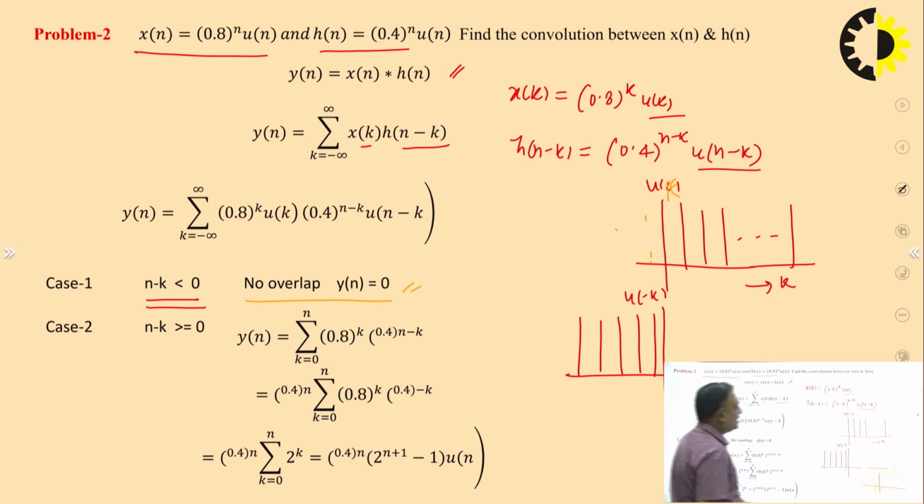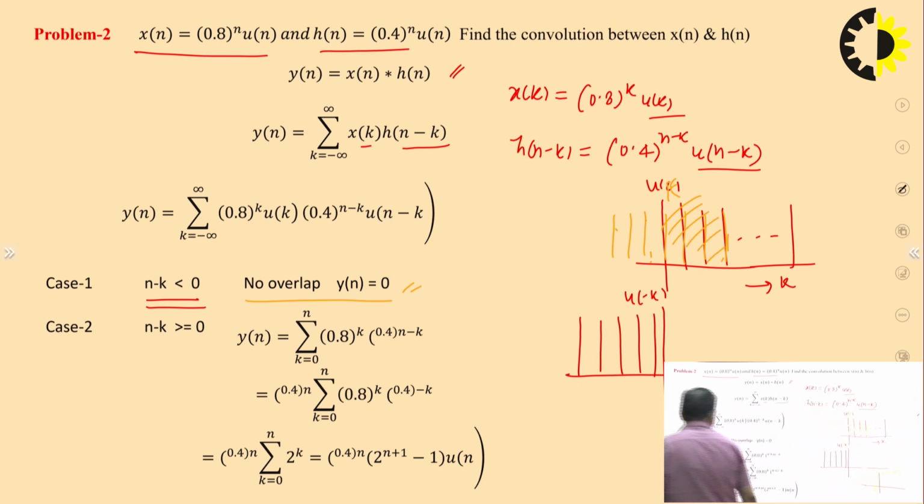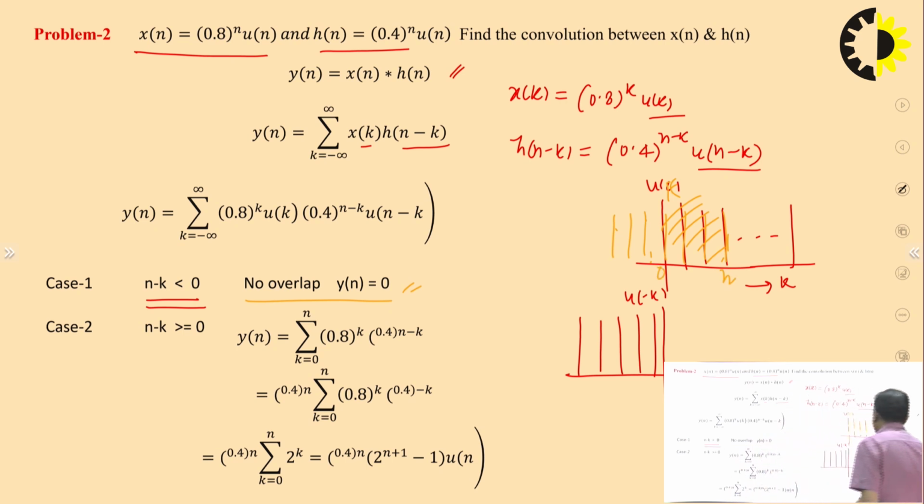Another condition is that n minus k is greater than 0. This means your situation is somewhat like this, and this is basically our overlapping area, so we will find the convolution here. Taking the equation again, in this case this point becomes n and the limit is from 0 to n. Because u[minus k], when shifted, moves by minus k, and this point now becomes n.